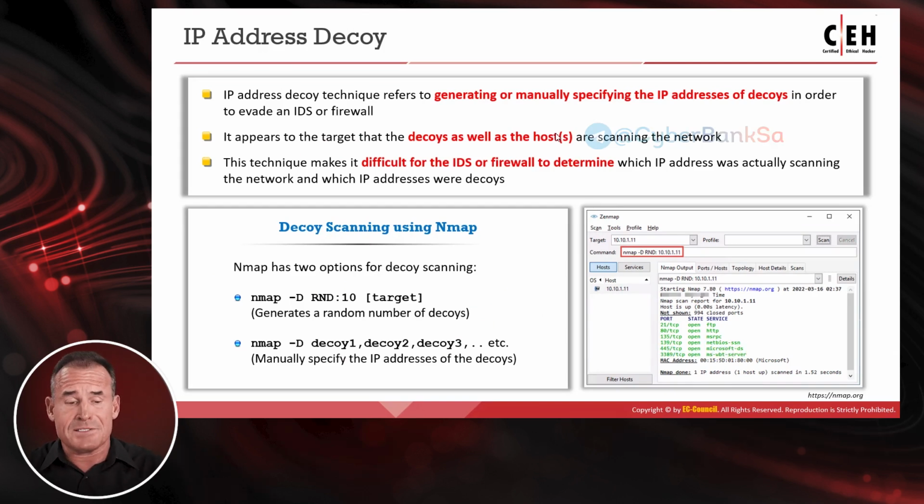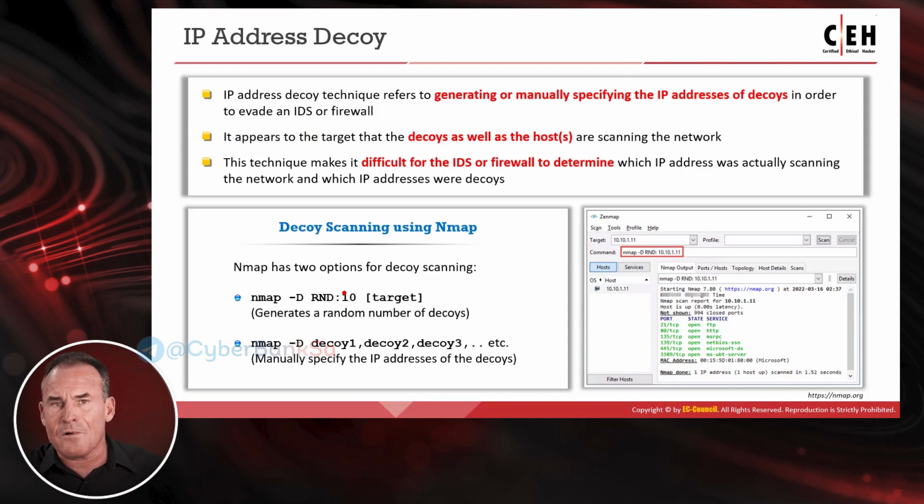Then there's IP address decoys. That's just like it sounds. A decoy is meant to distract or throw you off the path, covering your tracks by providing bogus IP addresses with your scans littered in there for randomness. So you're sending out a scan from 10 random hosts and your IP is actually one of those.